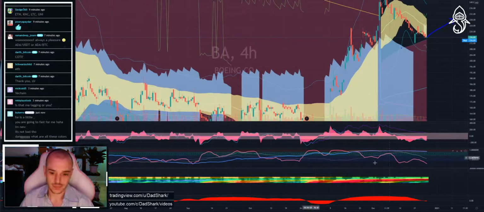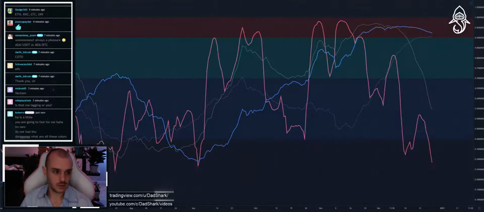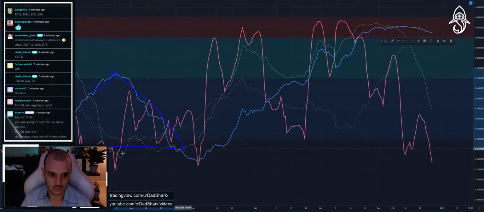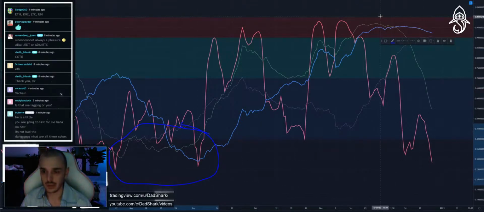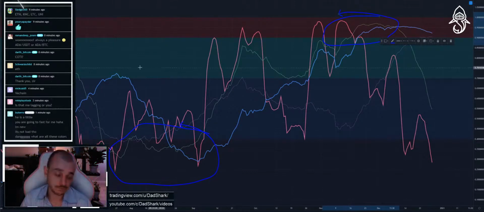So Wave PM, this indicator, is pretty much just how compressed a Bollinger Band is. This blue one here is the 100 period. If on the previous 100 candles we are now less volatile, this indicator will go down, right? If we are more volatile, the indicator will go up. So another way to think about this is down here you have high potential energy for that period, and up here you have low potential energy for that period.